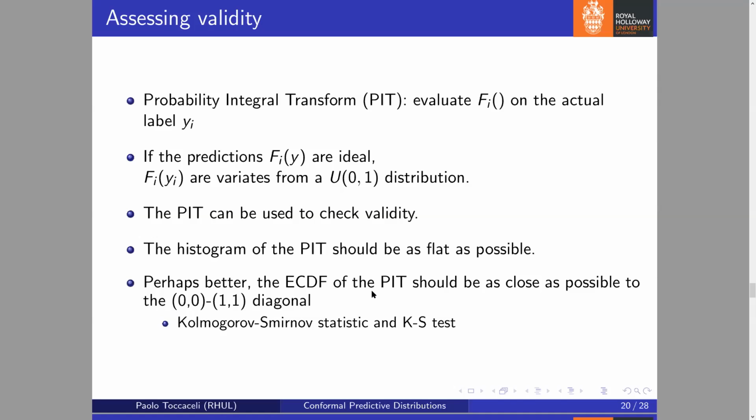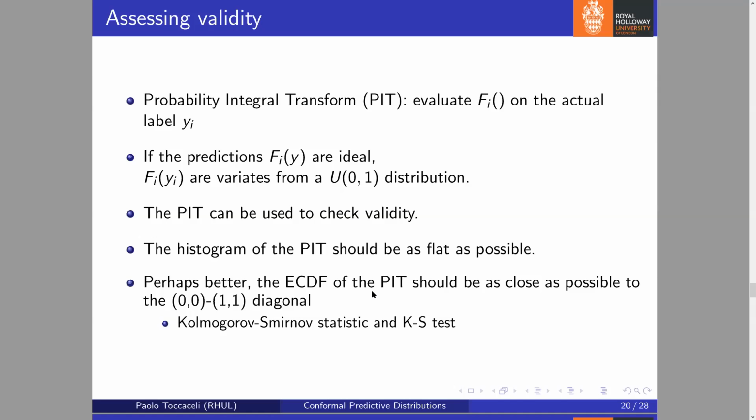And as we've seen, if the predictions are ideal, then the values of this F_i on y_i should be variates on the uniform distribution. So what you do then, generally, in the literature, is plot the histogram of the probability integral transform, and you verify that it's flat. And if it has deviations, then you know that your predictive distributions are biased somehow.